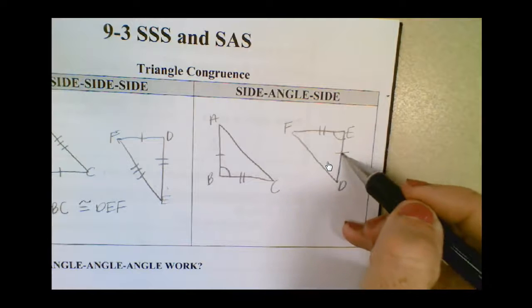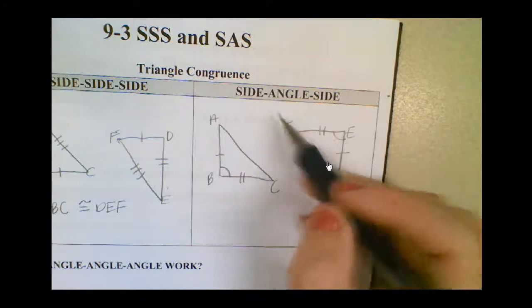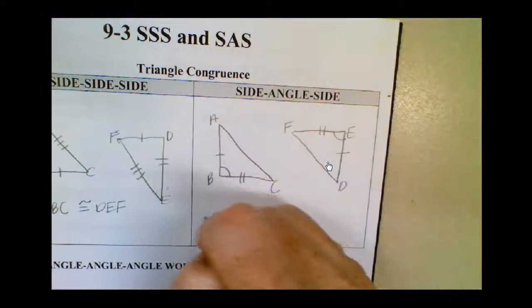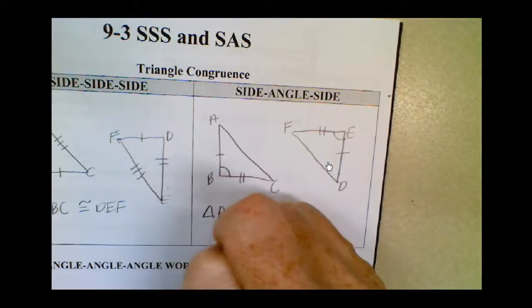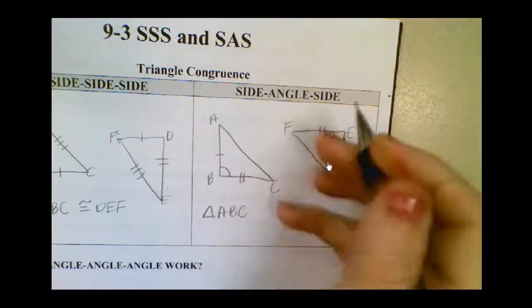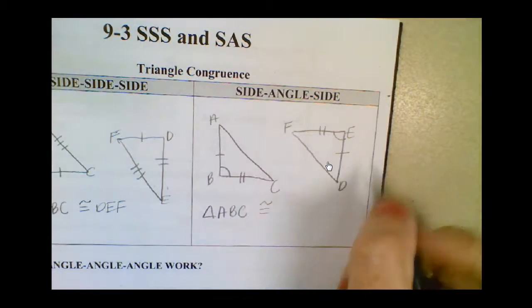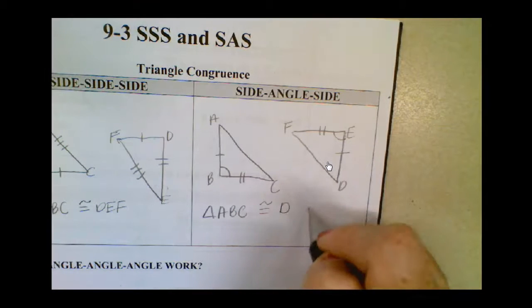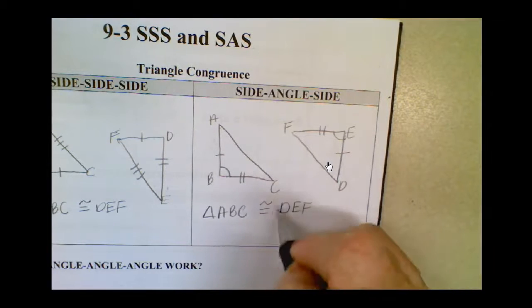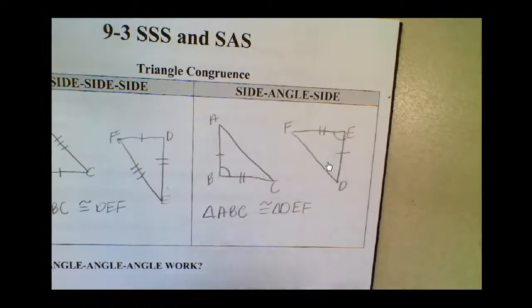So they are side, angle, side, side, angle, side. So I could say that triangle ABC, I'm going to do this first side, angle, then second side, is congruent to first side, so DE, angle, and second side. Okay, triangle, there we go.